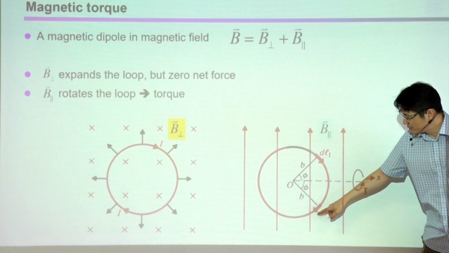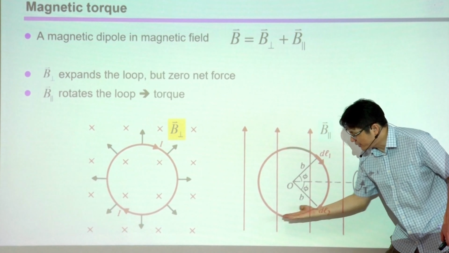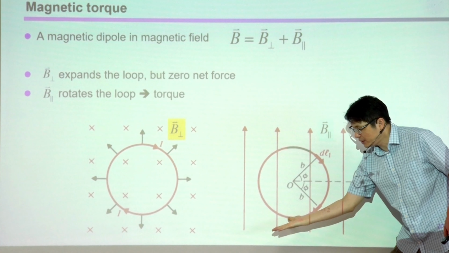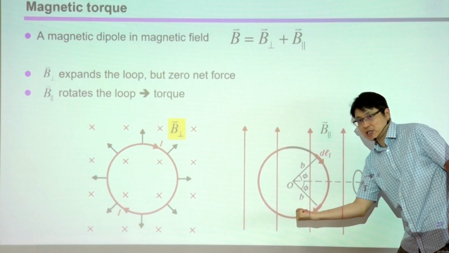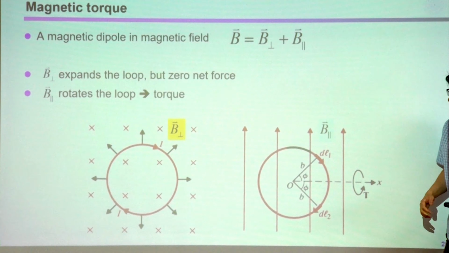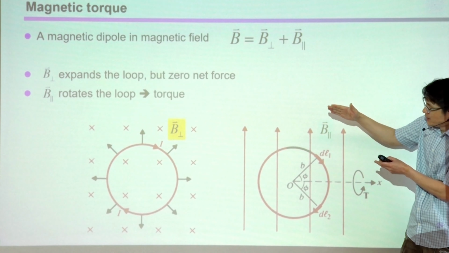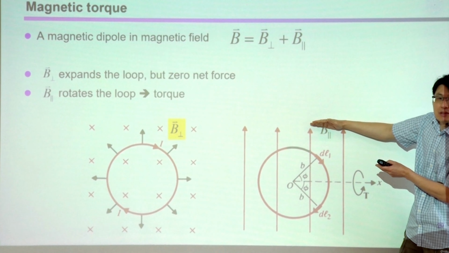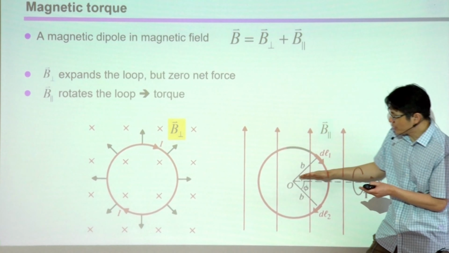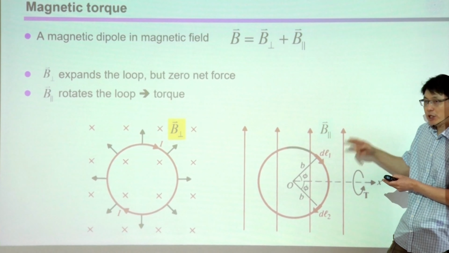On the bottom, DL cross B, so your thumb is pointing into the paper. So basically, this is telling you this parallel field is somehow dividing your loop into halves.